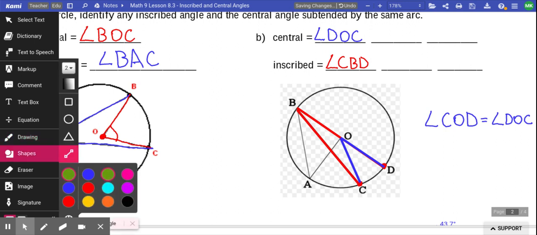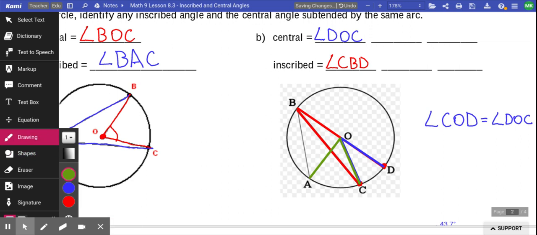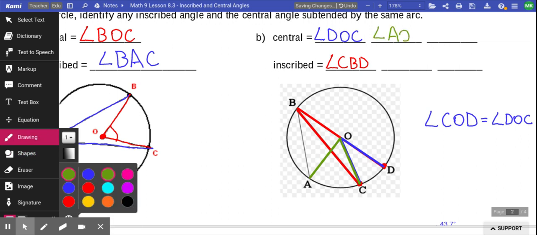Let's try green. So I could go from A to O to C. And that would create a central angle. So that's angle AOC.